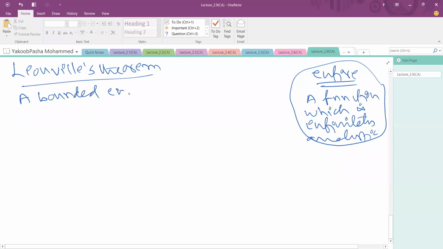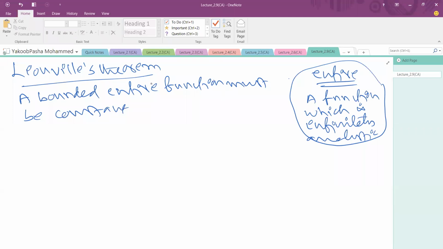It should be bounded as well as entire. Bounded kavalandi, entire kaval.